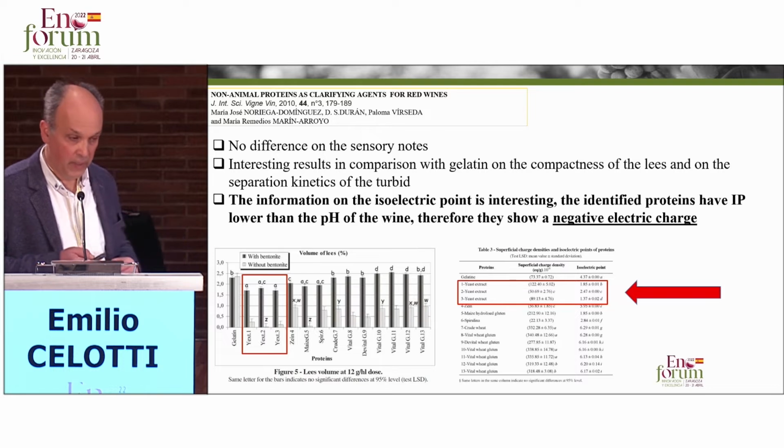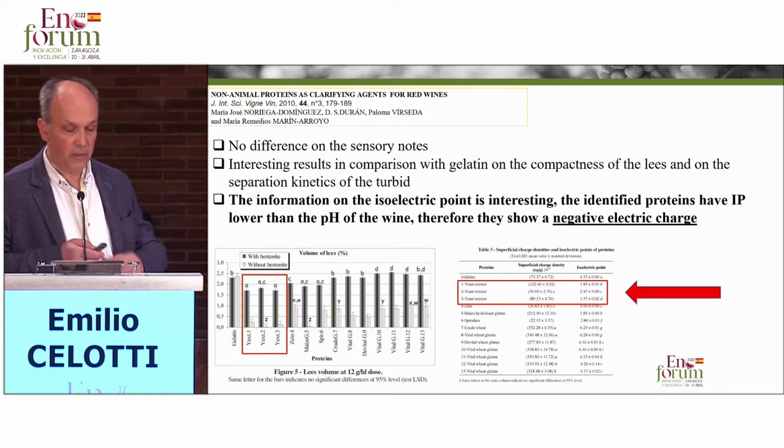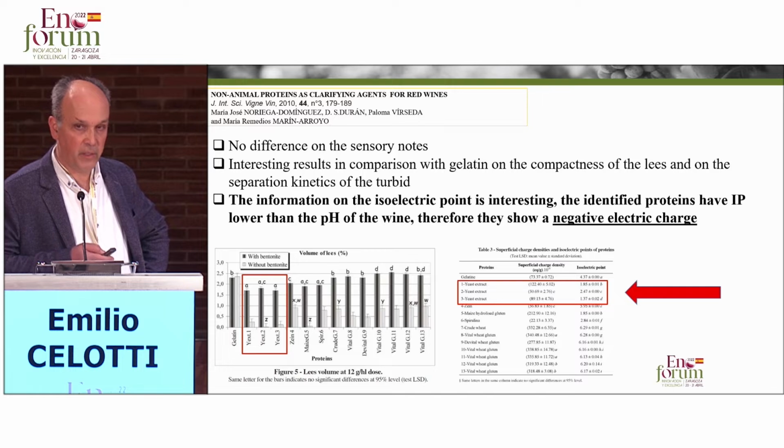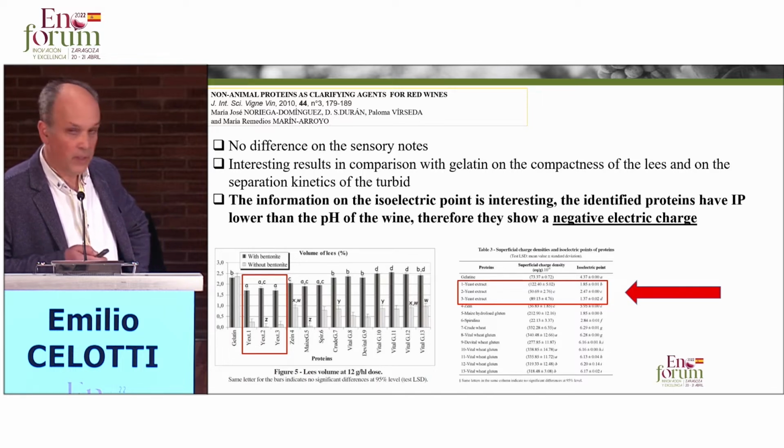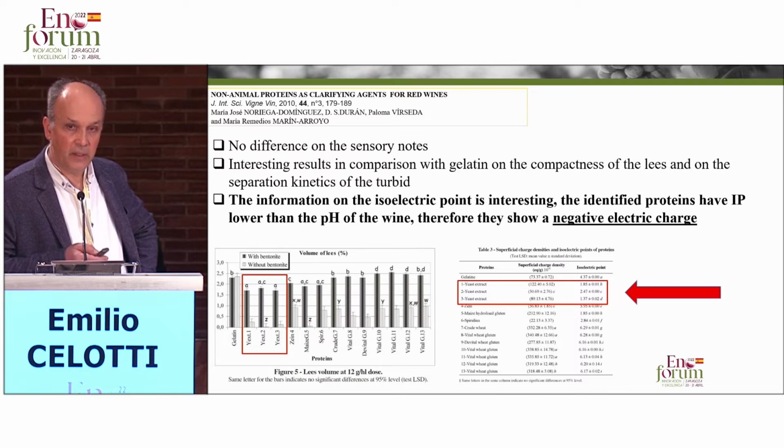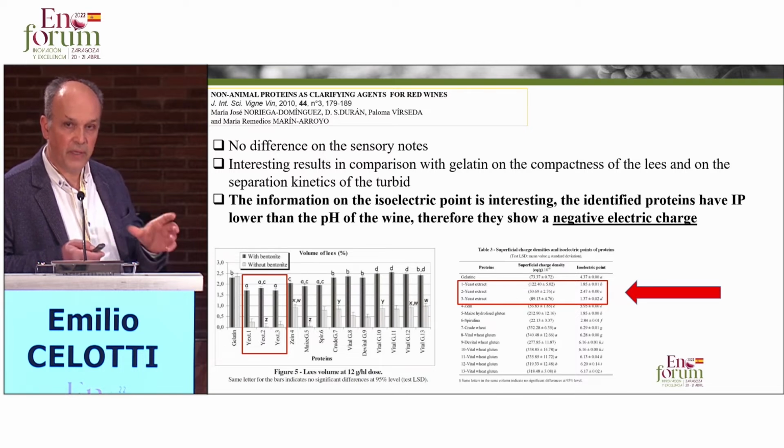Apart from the effects on turbidity, we see in the red table very interesting results, and I will talk about them later on. It has to do with isoelectric points.